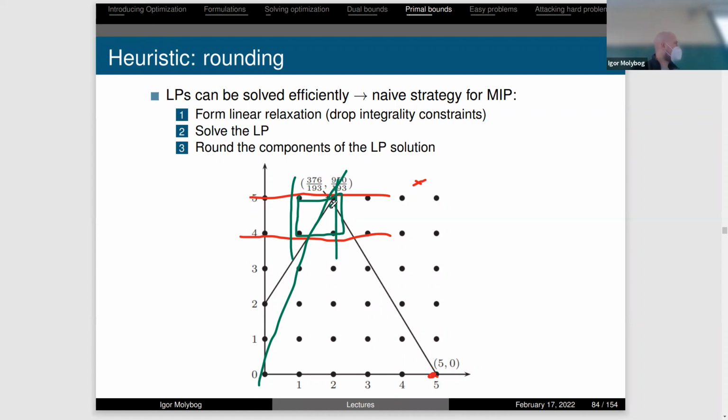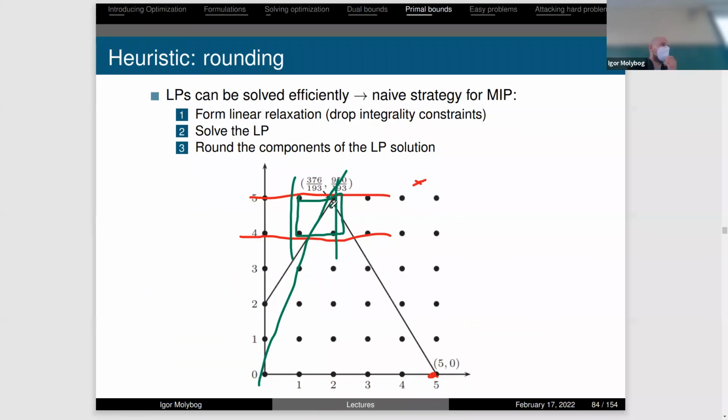Okay. Any other questions regarding primal bounds, or how's it going with Gurobi Py and the solution? I noticed that not too many people showed up to the previous discussion section.